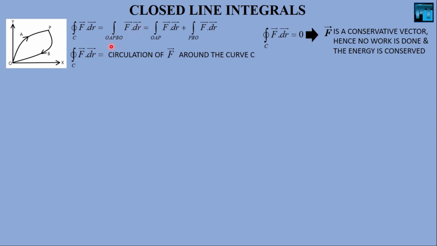See for yourself the path O, A, P, B, O. This is a closed path. So there are two different methods to denote closed line integrals. One with this type of notation, and another where in the limit you write the full curve path.